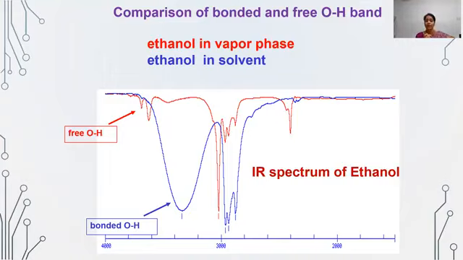Whereas when ethanol is in a solvent or concentrated solution, there is intermolecular hydrogen bonding between ethanol molecules, resulting in a broad band near about 3300 centimeter inverse. And when the ethanol spectrum is taken in vapor state or in very dilute solution, the free OH shows absorption at 3600 centimeter inverse. So this is the difference between the spectrum of a concentrated solution of alcohol and that of a dilute solution or vapor state.